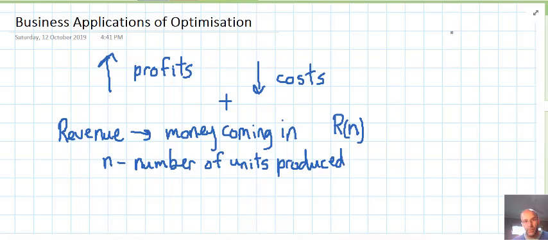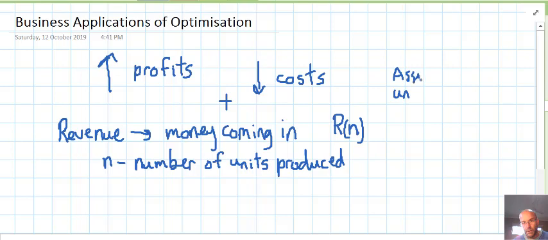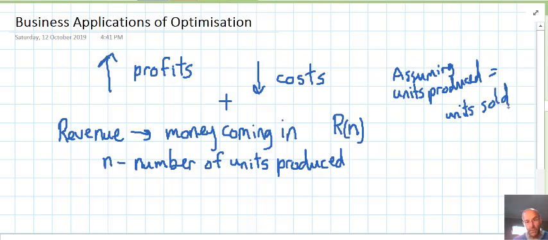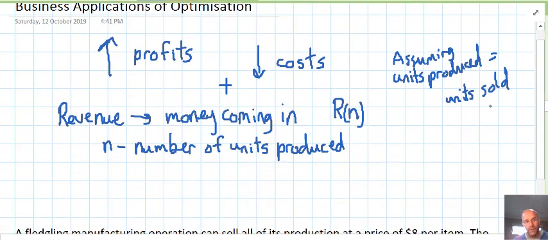That's an important assumption. That doesn't always happen in the real world, but we're keeping it simple at this stage. There are a couple of assumptions in these basic models. So n is the number of units produced or sold, the same thing in this case.